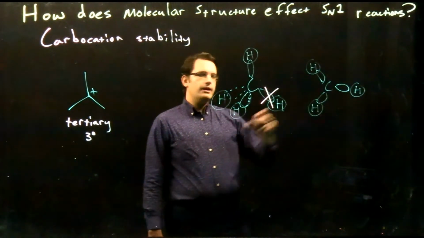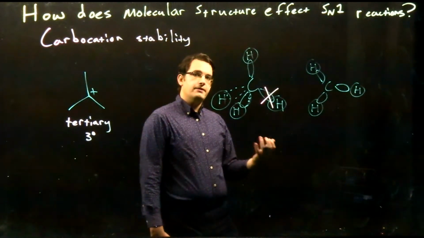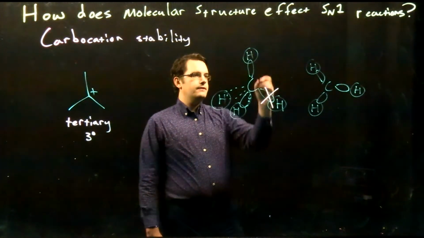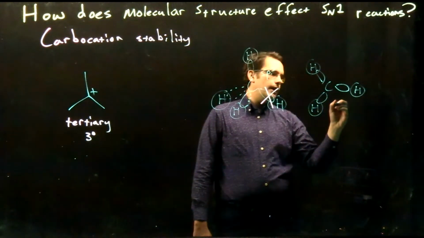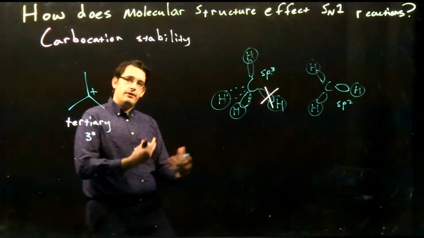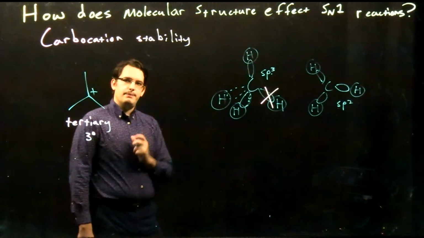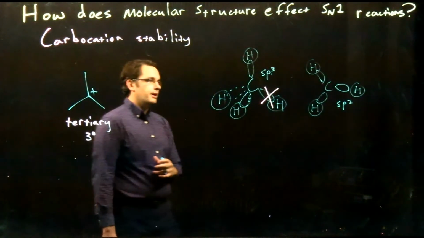So with only 3 different groups that we're bonded to, we now have our sp2 hybridization. Right? So this is our sp3, this is our sp2. Whenever our carbon is only bonded to 3 different things, it's sp2 hybridized. When it's bonded to 4 different things, it's sp3 hybridized.